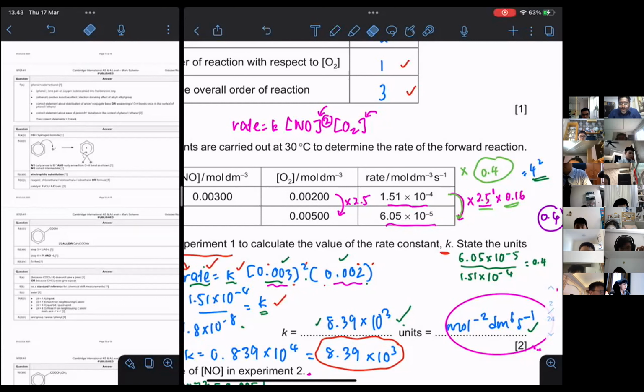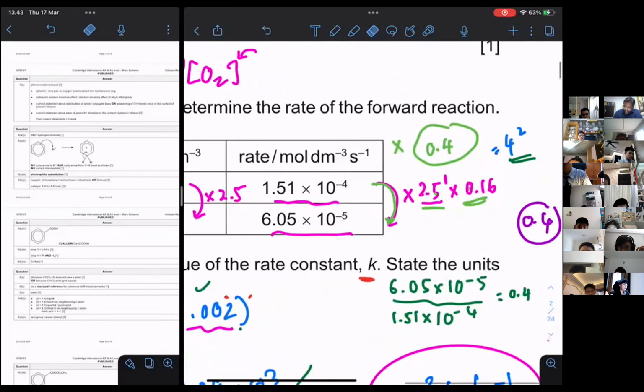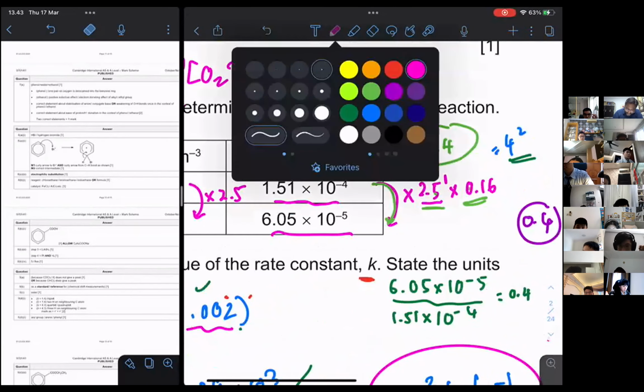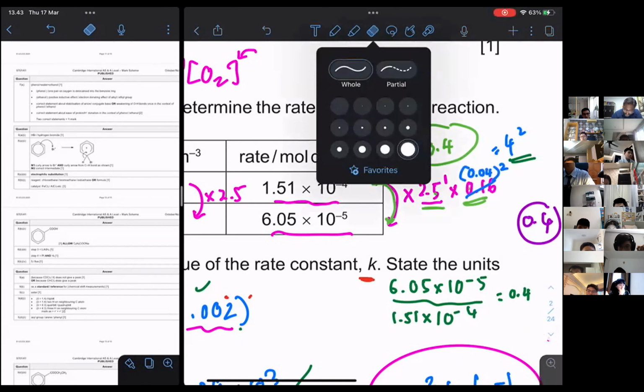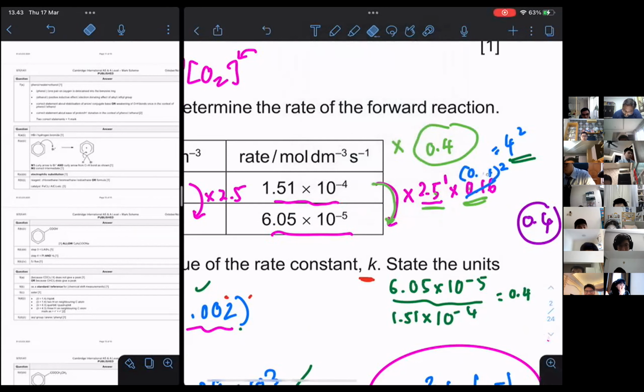Square root of 0.16 is what? 0.4. Yes. Sorry, I said 0.04, but it is 0.4. Yeah, correct. Okay, then you will get that.